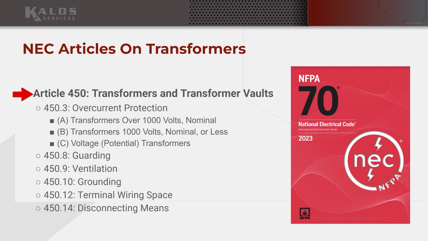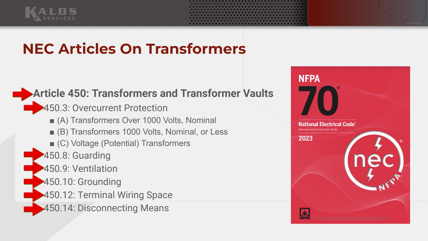The National Electrical Code is broken into multiple articles. It covers things such as overcurrent protection, guarding, ventilation, grounding, terminal wiring space, and disconnecting means, all covered in these sections, but also reference other areas of the code.